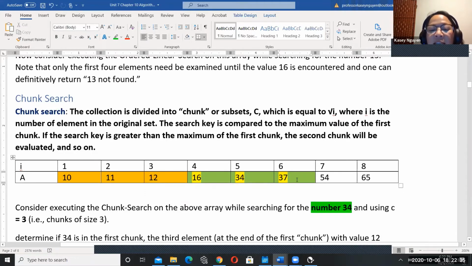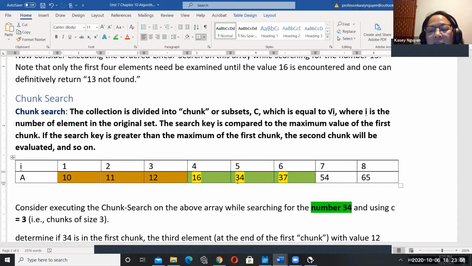It's going to say it has to exist in the second chunk because it's not in the first chunk, as the highest value there is 12. In this one, you have to have it pre-sorted. We should start with a pre-sorted array so that we can compare the highest value of each chunk, so it can move directly to the right chunk when we program it.